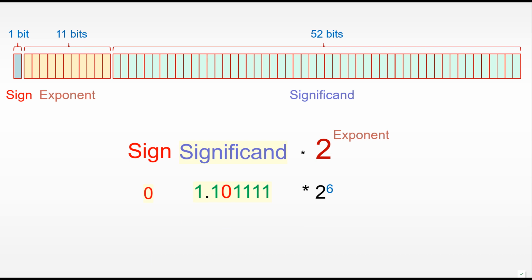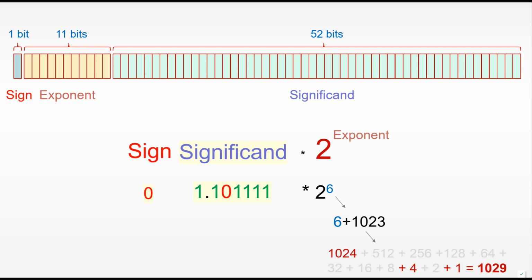So if we want to represent the entire number, this is a positive number, so the sign would be 0. The significand would be 1.101111, and then we would multiply the entire thing by 2 to the power of 6. Now we have to represent the 6 also in terms of binary. But remember what we need to do. We would not just convert 6 to binary, but we would first add 1023 to it, because we are dealing with this biased exponent.